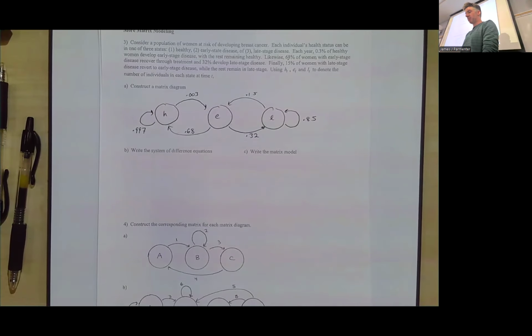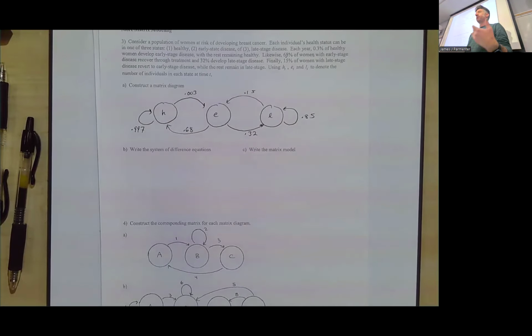Okay, now we want to write the system of difference equations, which is the part I'm always the worst at, I think. The difference equations just mean what do you get next year based on what you have this year for each of the different categories, in this case, all three of them.